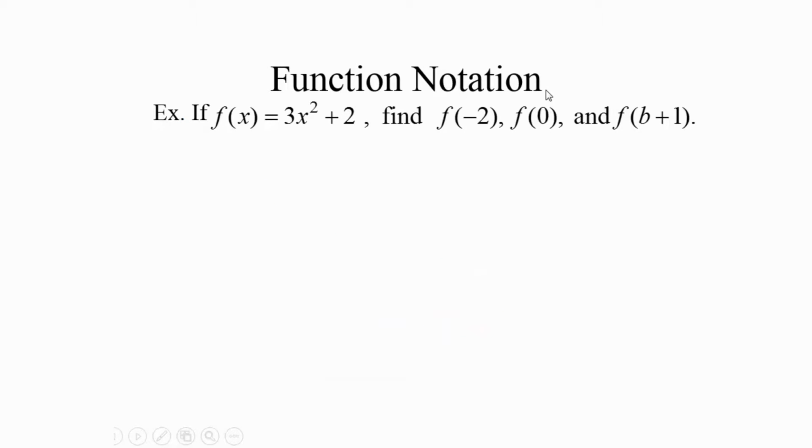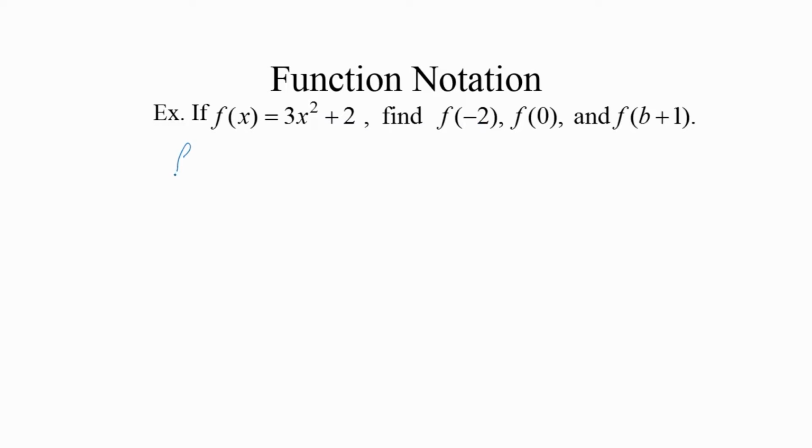So let's look at this f of x. We're going to evaluate the function. That means we're going to give a value in the domain of a function and figure out what the range is. So for a specific x value, what is f of x, or what is y? As an example, if f of x is equal to 3x squared plus 2, find f of minus 2.